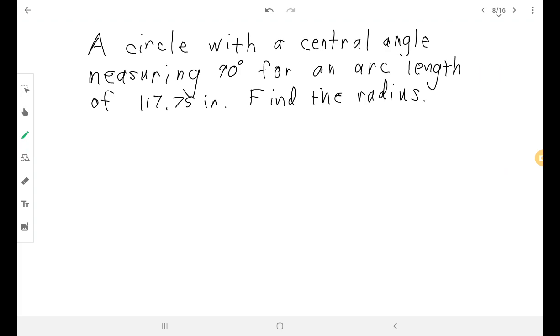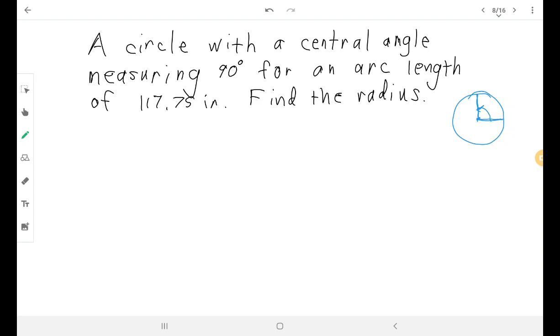So a circle with a central angle measuring 90 degrees. Okay, so a circle, the central angle measuring 90 degrees. So there's our angle.